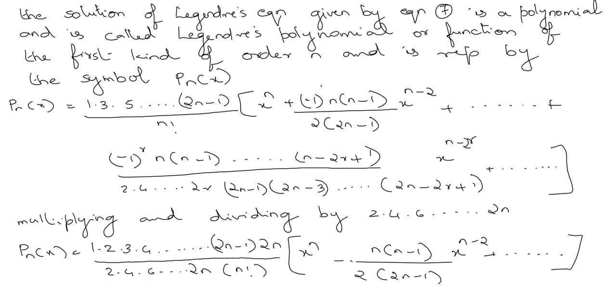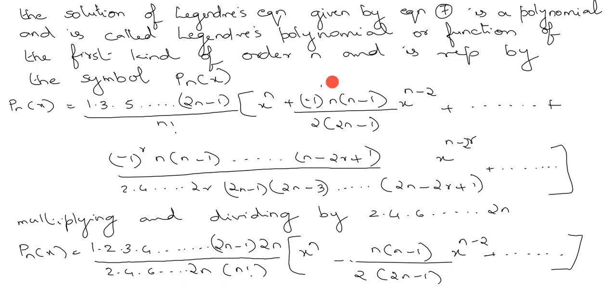Taking all those 2 outside, you can write 2 raised to n into 1 into 2 into 3 into etc. n factorial, which is n factorial. So in the denominator you will be having 2 raised to n into n factorial into n factorial, which is 2 raised to n into n factorial square. And here the first term is x raised to n.